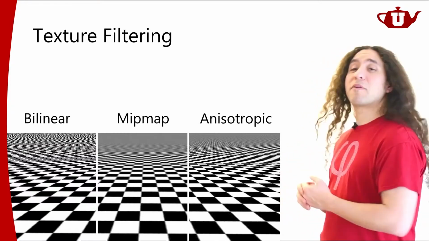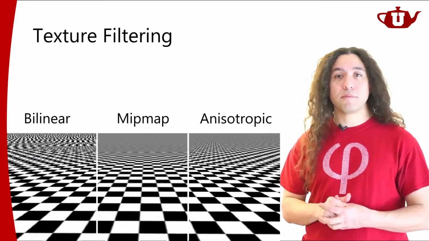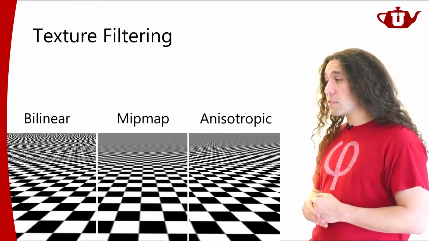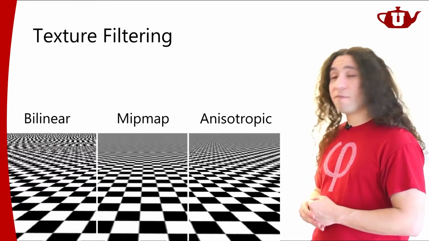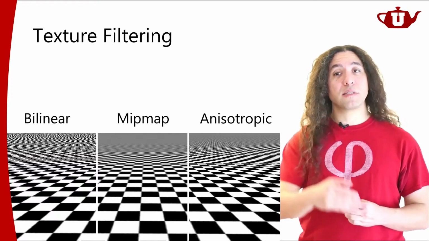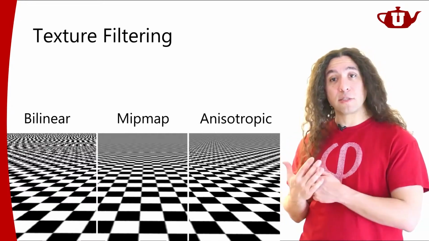Same goes for anisotropic filtering. You just say, hey, I want to do anisotropic filtering, and that's it. The GPU will do the anisotropic filtering for you. And with anisotropic filtering, you can also specify how many trilinear filtering operations you are allowing the GPU to perform for each anisotropic filtering operation.